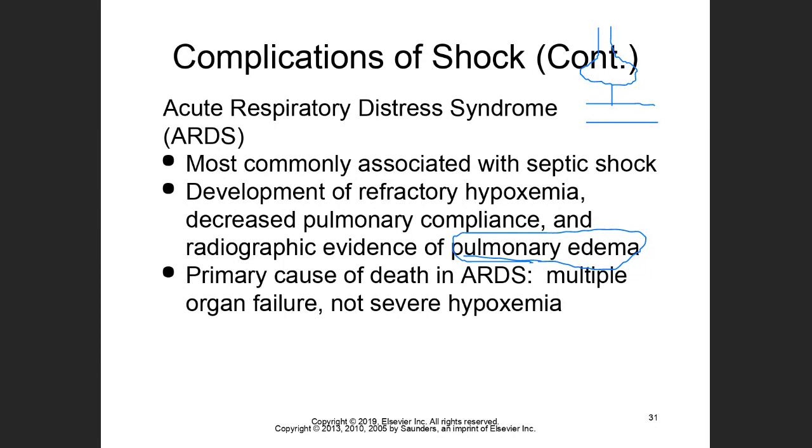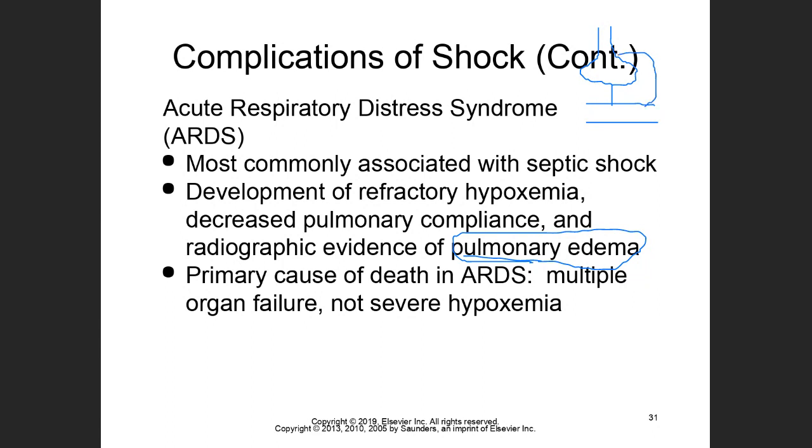Listen, ARDS is an extremely complicated pathology, okay? How do you memorize ARDS? A patient that is already in ICU, extremely complicated, and develops respiratory failure. That's ARDS. But the pathophysiology of ARDS is this. This side right here facilitates the diffusion of oxygen.